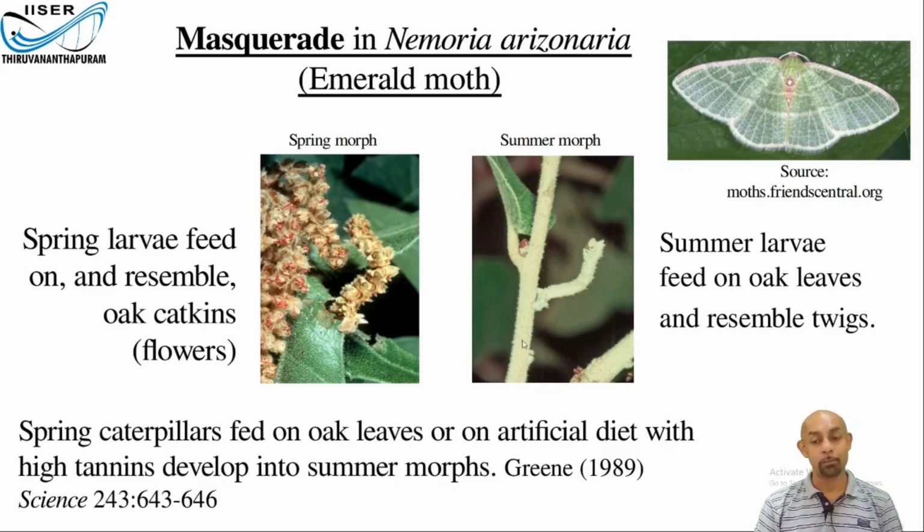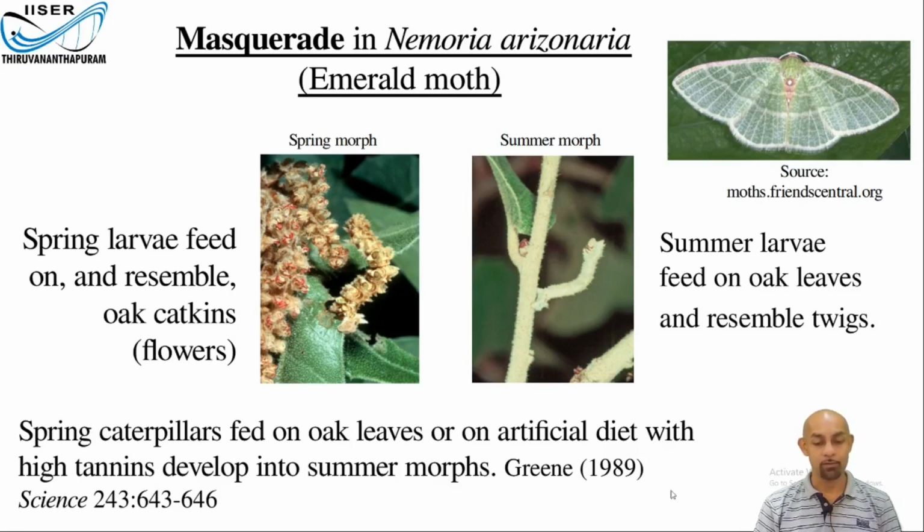So remember that in this condition, when this morph is found, there are no catkins. So looking like catkins may not help as much as it would have helped in the spring generation.